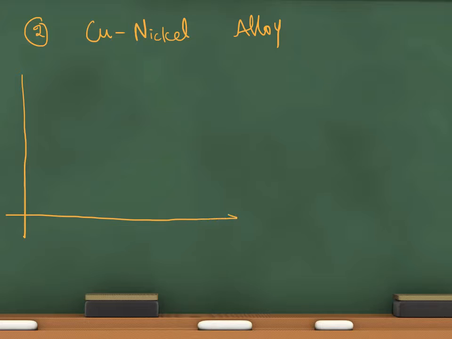Next, the second one is the copper nickel alloy. This is resistivity and this is percentage of impurity. This is in a zigzag manner.